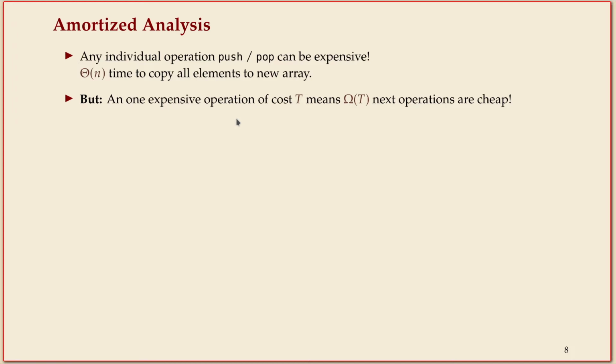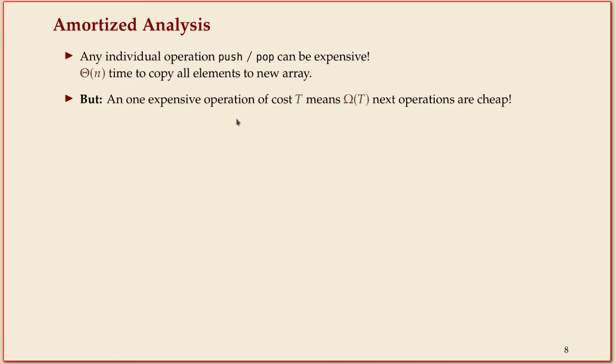And similarly, if you popped elements off and you reach this low threshold so that you made the array half the size, you're then at roughly half usage of the memory. So you need to pop quite a few more elements before you have to do the copying step again. So we can offset, we can amortize the expensive operations against the many cheap ones that they must entail.